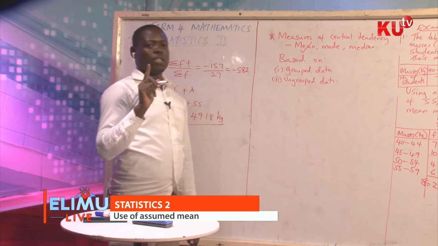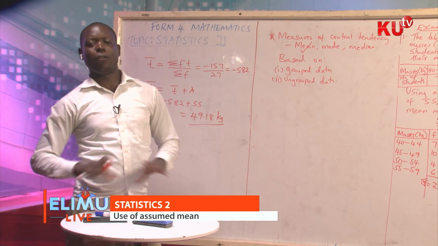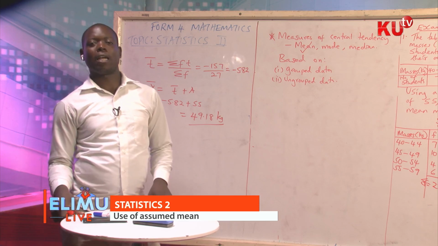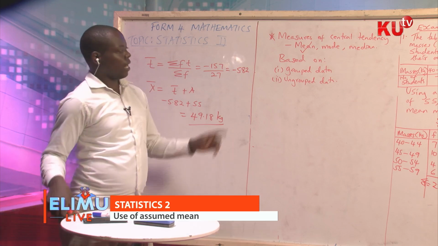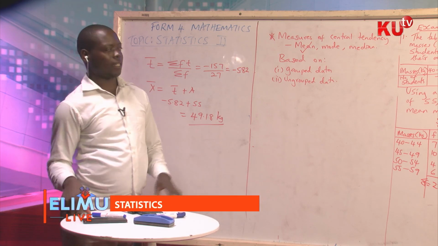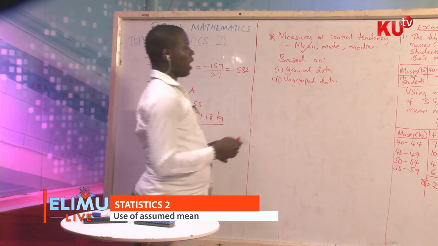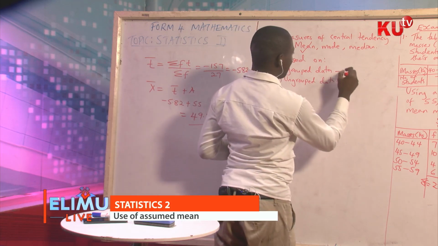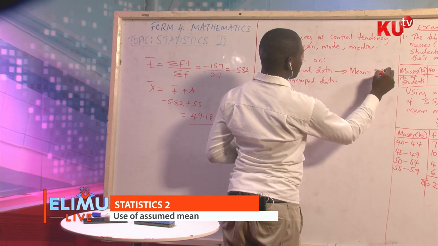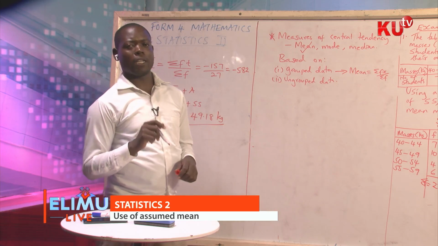I've said that grouped data is the set of data where information has been organized in groups we call classes, and ungrouped data has not been organized in classes. To get the mean for grouped data, we applied the formula that mean is equal to sum of fx over sum of f, and we described each of the components in that formula.